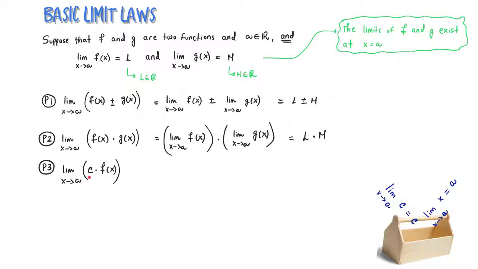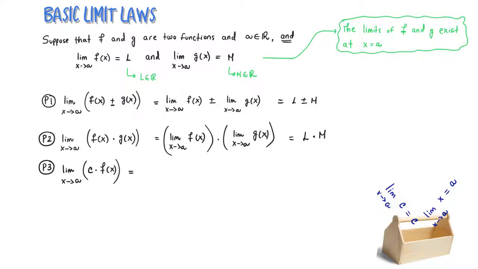So this is like having 3 times f of x, or 4 times f of x, or -5 times f of x. So the way that we're going to go ahead and deal with a function that consists of a coefficient times f of x will be as follows.